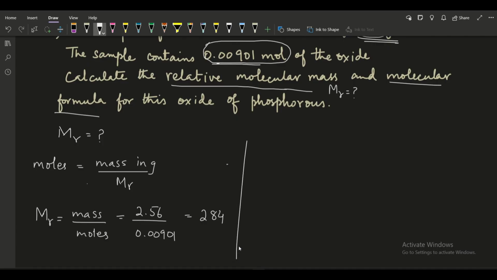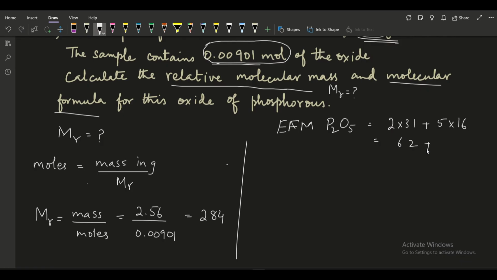The other thing is that we have to find out the empirical formula mass as well for P2O5. It would be 2 multiplied by 31 plus 5 multiplied by 16.